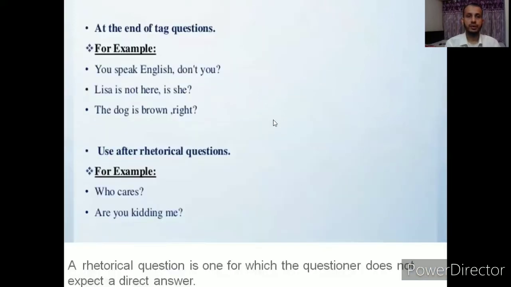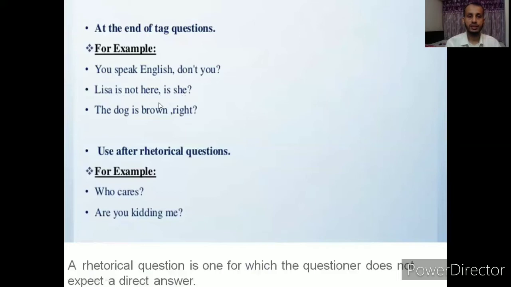Okay. Now more rules here. At the end of a tag question: you speak English, don't you? This is a tag question because we join the tag question with the main sentence. You speak English, don't you? Liza is not here, is she? The dog is brown, right? So, dear student, affirmative sentence, tag question negative. Negative sentence, Liza is not here, tag question positive.